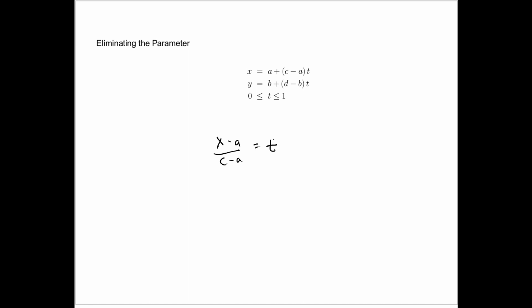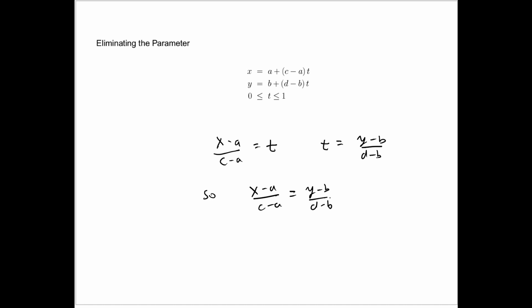If we solve the second equation for t, we get t equals (y minus b) over (d minus b). Putting those together, we just get (x minus a) over (c minus a) equals (y minus b) over (d minus b).